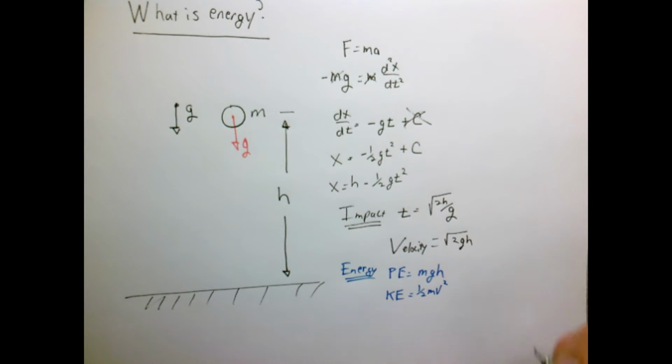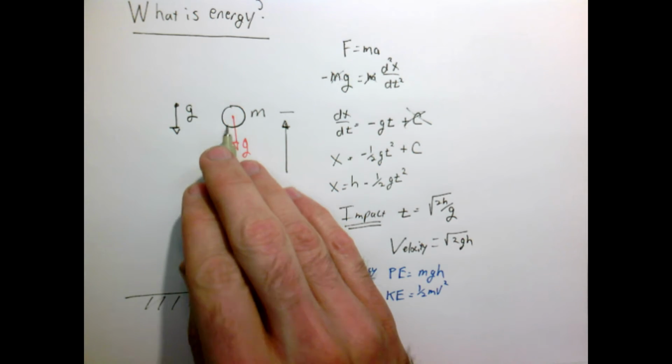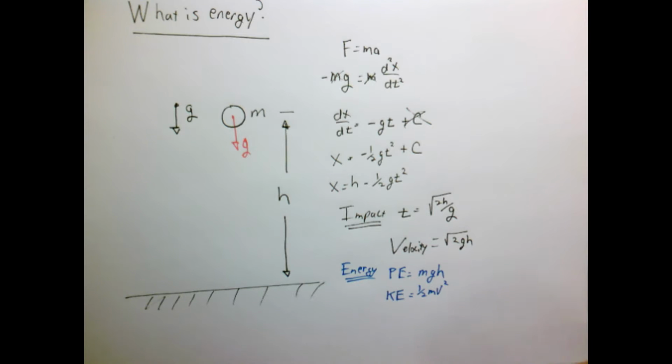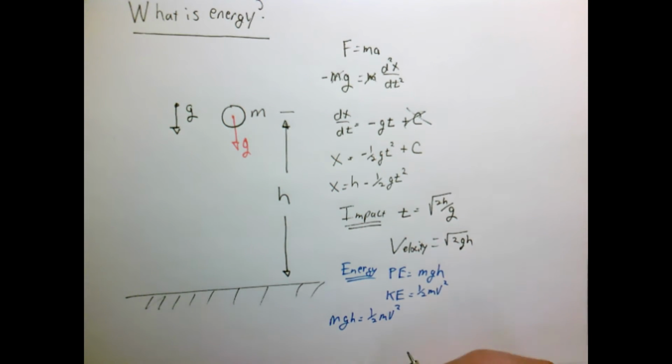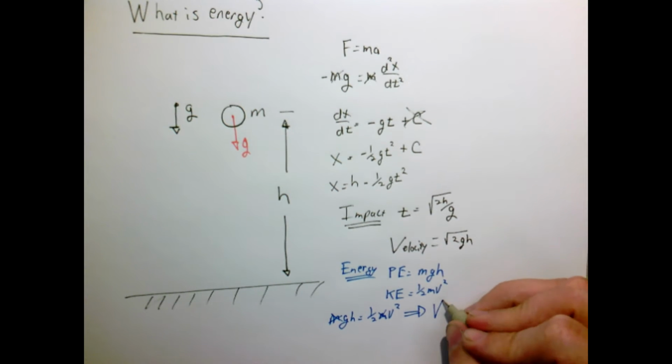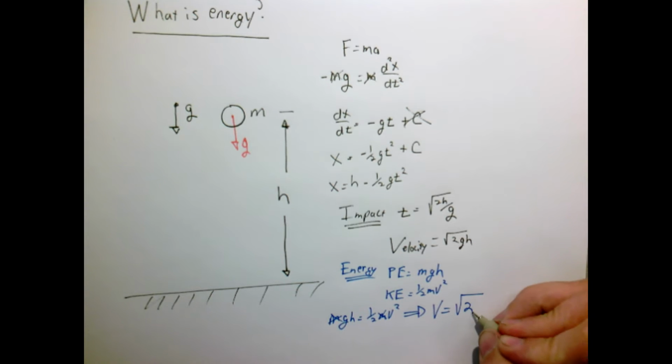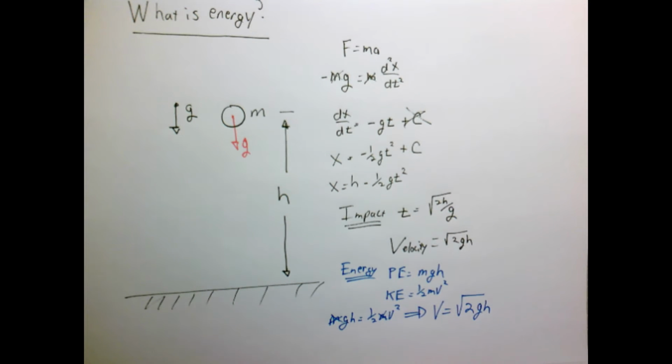Its kinetic energy would be 1/2 mv squared, where v is the velocity. And I just equate those for the initial time and the time right before impact: mgh equals 1/2 mv squared. Again, the m's cancel, and I get the same result, that the velocity is the square root of 2gh.